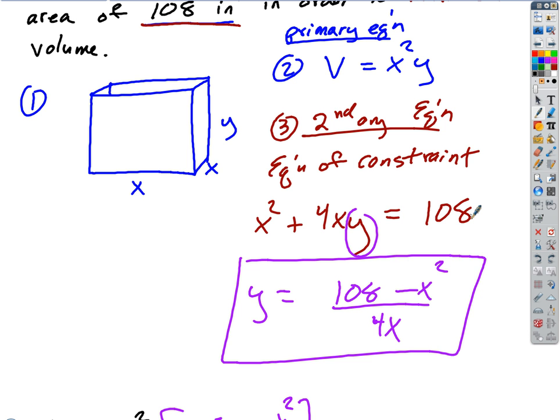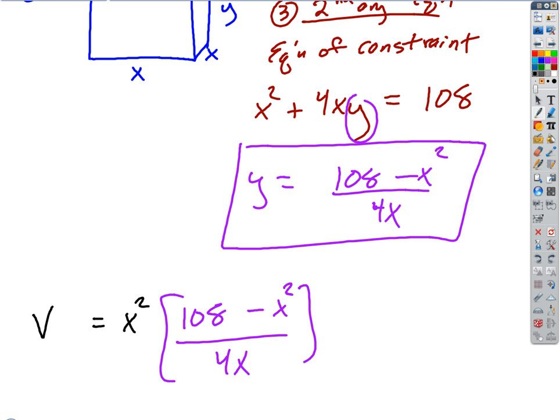But y could actually go to 0, and it's not like we get some infinities going on when we do that. When y goes to 0, we could solve for x down here. What's the value of x that's going to make y go to 0? We can't see it immediately, but wouldn't that mean that the numerator has to go to 0? When y shrinks to 0, this fraction has to go to 0, and so 108 minus x squared would have to equal 0.